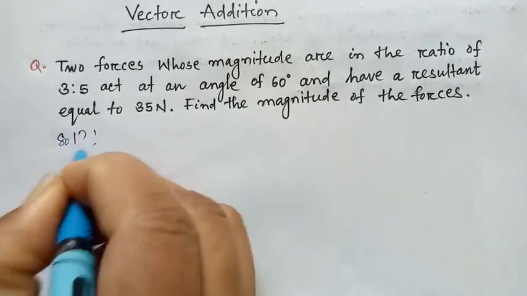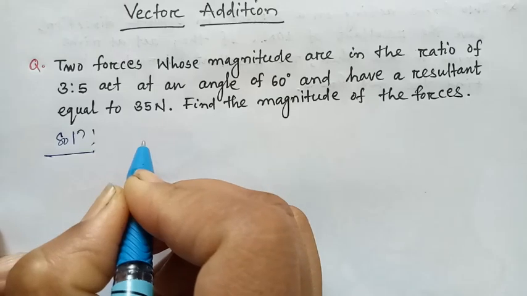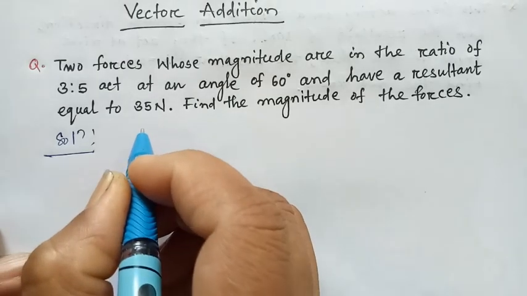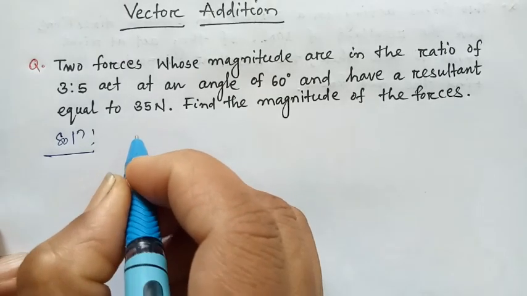So what is given? Two forces are in the ratio 3:5.